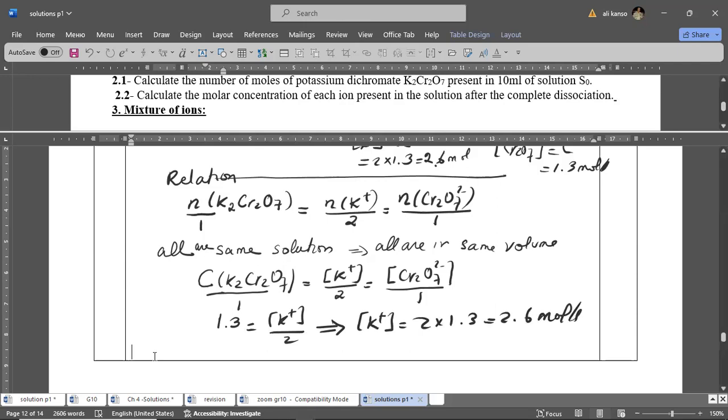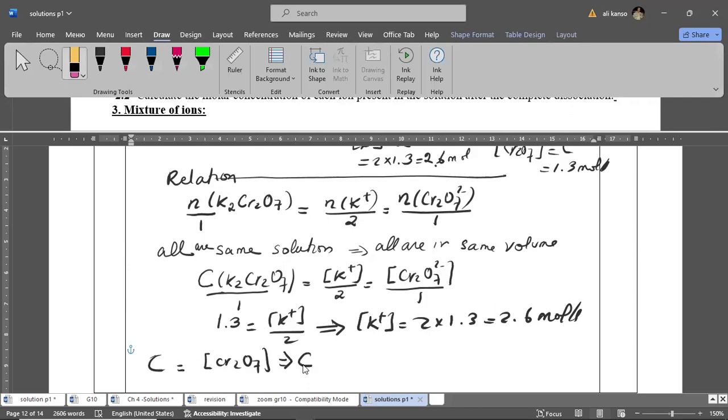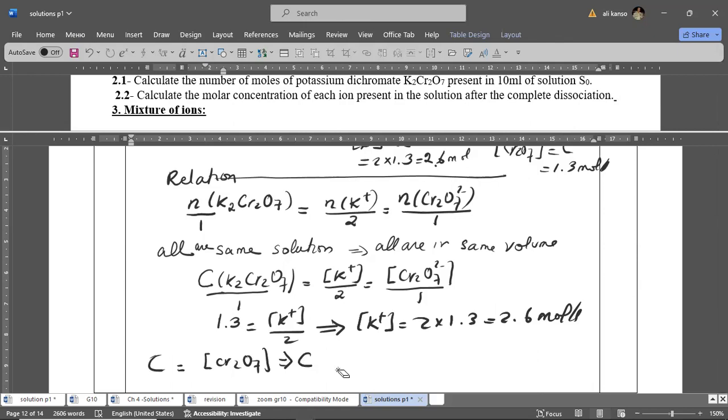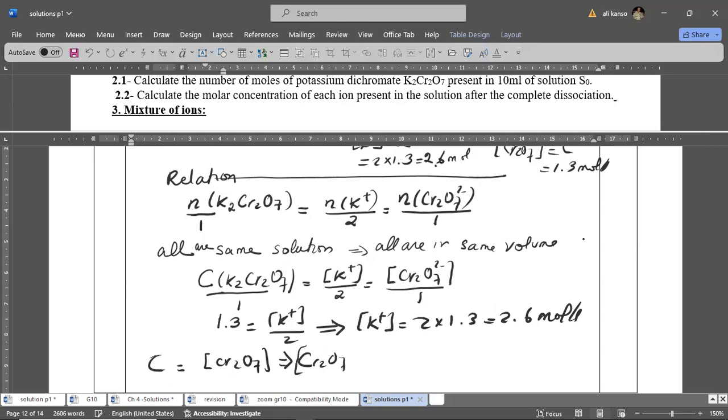The other one, Cr2O7 2 minus: the concentration of Cr2O7 2 minus equals C, which equals 1.3 mole per liter.